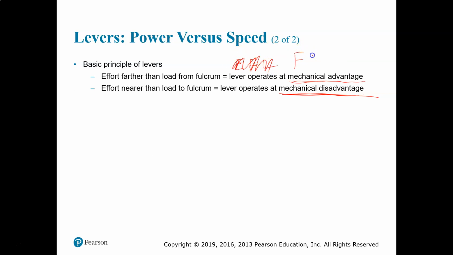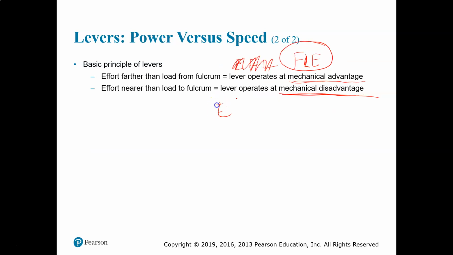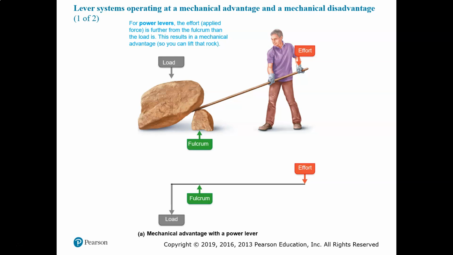Here's your fulcrum, here's your load, and here's your effort. So the effort is farther than the load from the fulcrum. That works. And when the effort is nearer than the load to the fulcrum, that's going to be mechanical disadvantage, and that would be EFL: effort, fulcrum, load.